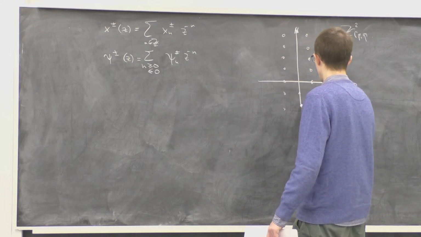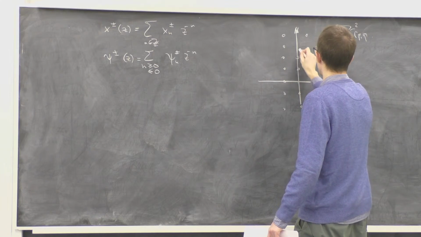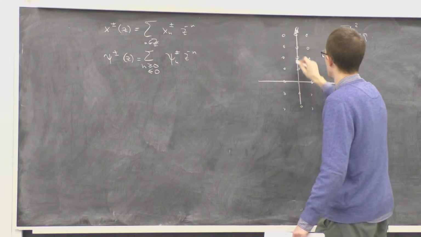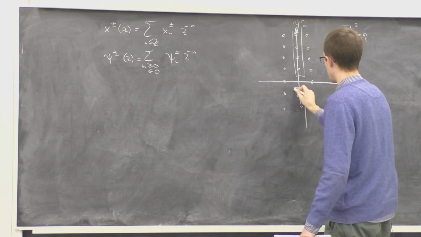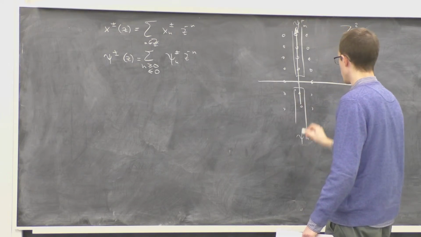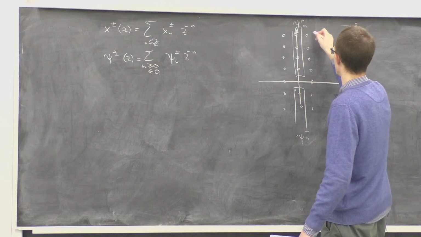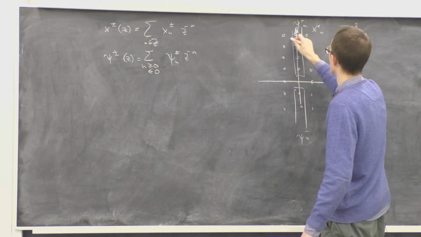So this is the picture. So here are psi plus n, here are psi minus n, and here are x plus and x minus.